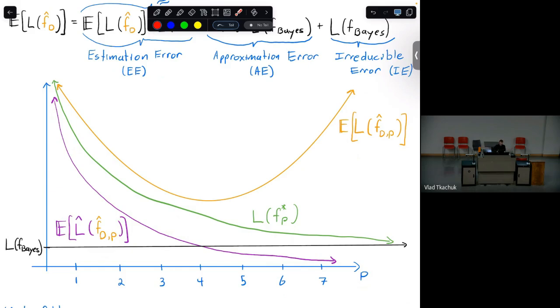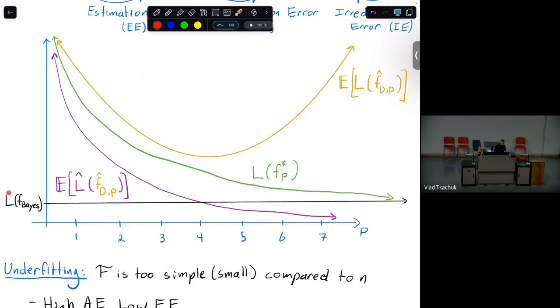This guy is the true expected loss of the predictor we output. It's getting smaller and smaller, but then it starts getting larger. Now we can understand why this is happening through these two extra terms. Here's the story. L of f Bayes doesn't change with the degree of the polynomial.